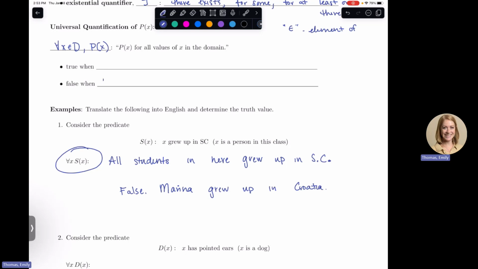Right, yeah. It's false when P of X is false for at least one X. And it's true when that doesn't happen. If it's not false for at least one X in the domain, then it would be true for all of them, which makes sense. You're saying for all X, this thing is true. Well, that's only true if it's actually true for all X.